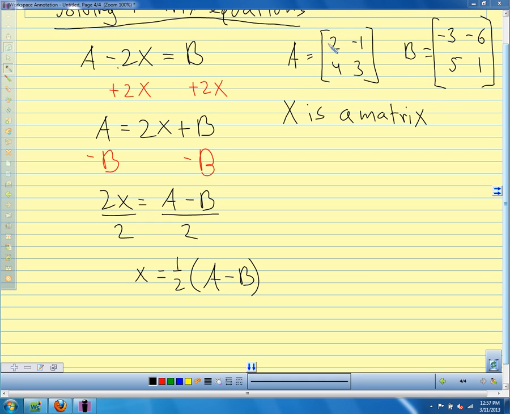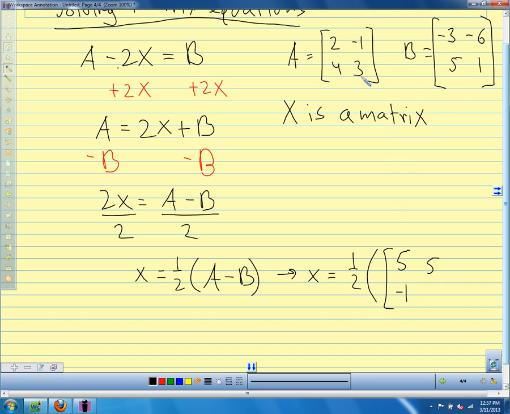Well, A is this matrix and B is this matrix. So x is going to be 1/2 times 2 minus negative 3 is 5. Negative 1 minus negative 6 is 5. 4 minus 5 is negative 1.